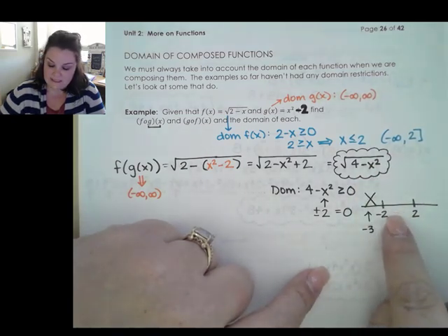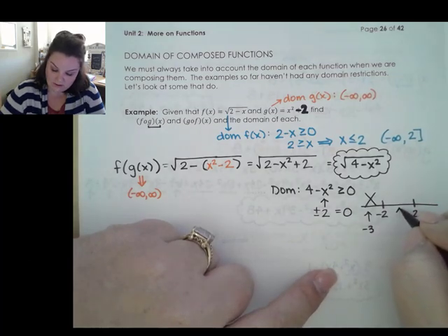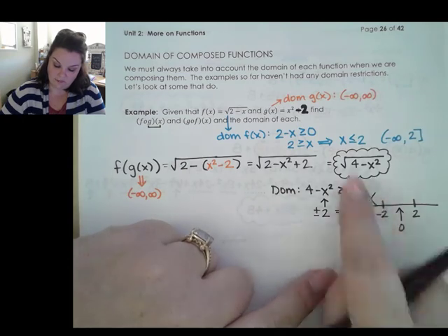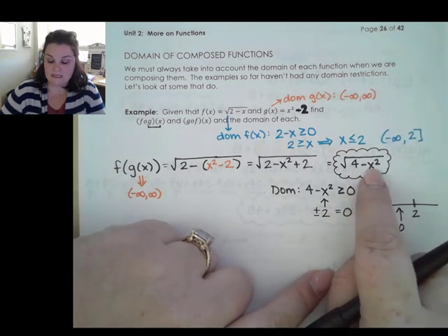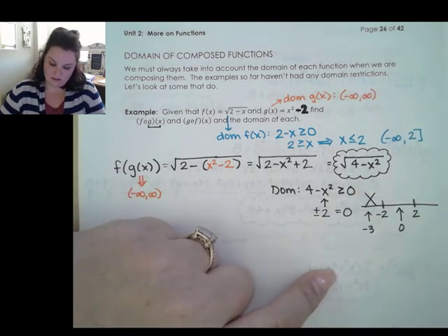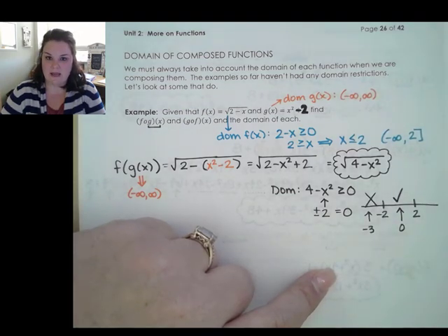Let's pick something that's in between negative 2 and 2. Let's pick like 0, okay? If I plug 0 in up here, 0 squared is just 0, and 4 minus 0 is 4. And I can take the square root of 4, right? So over here, I can use anything in this interval. That interval is okay.